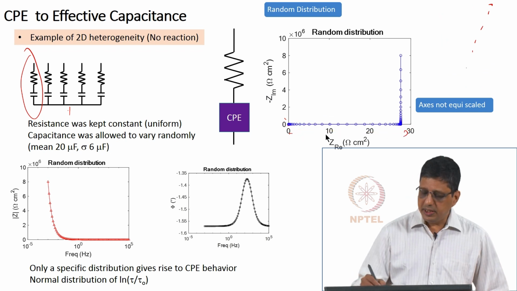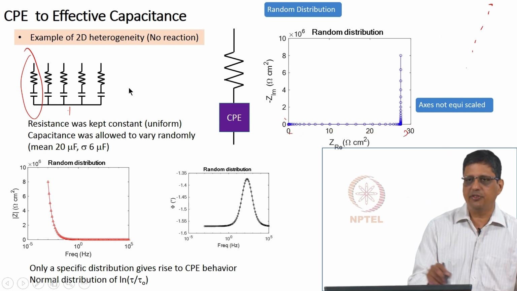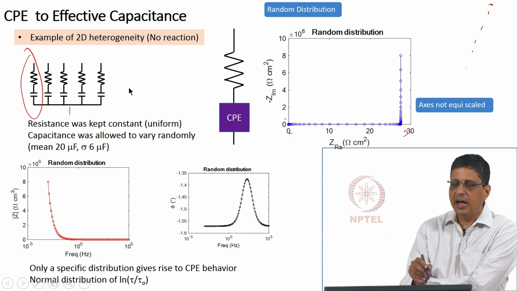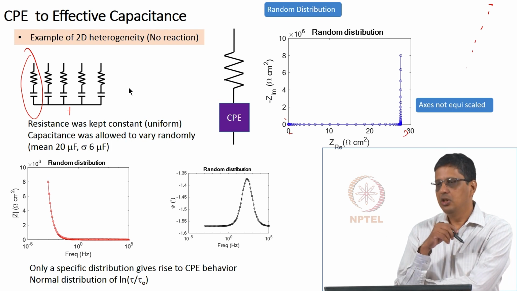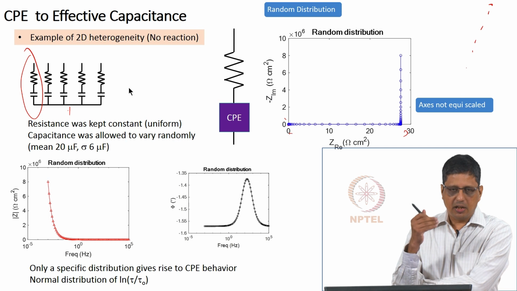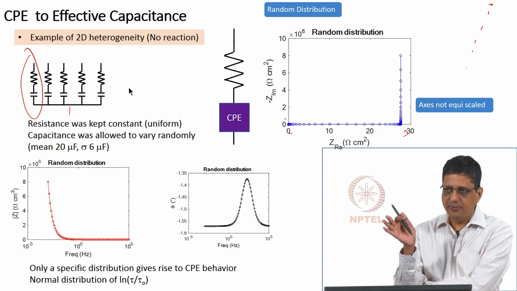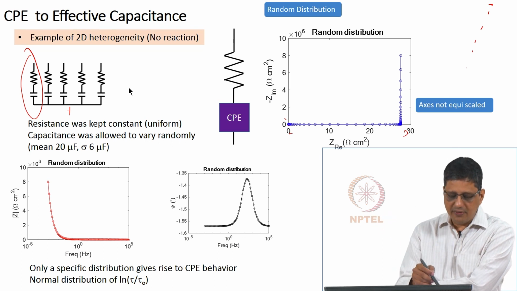What that means is, if I have a random distribution of resistance and capacitance here, I will not get a CPE behavior. So, when we say atomic level heterogeneity is there and the resistance and capacitance vary, they are not identical, therefore we get a CPE behavior, we are not really going to get that.